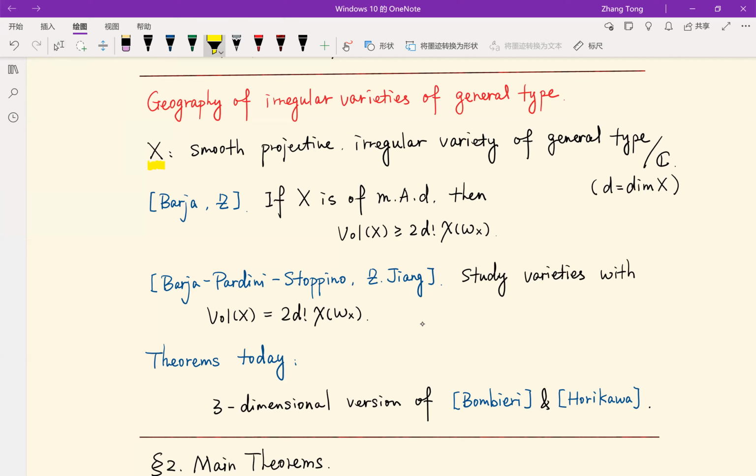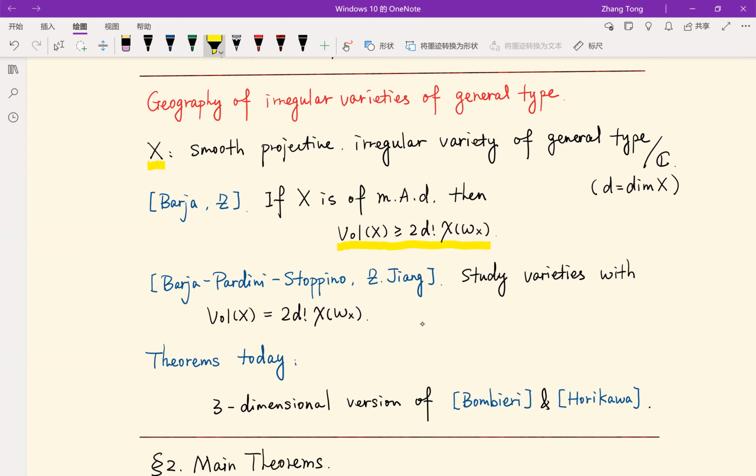Under this assumption, we do have a generalization of the previous Severi inequality. This was done by Barja and myself, and independently. We prove that if this variety X is of maximal Albanese dimension, then the canonical volume is at least 2 times the dimension factorial times the Euler characteristic of the dualizing sheaf.